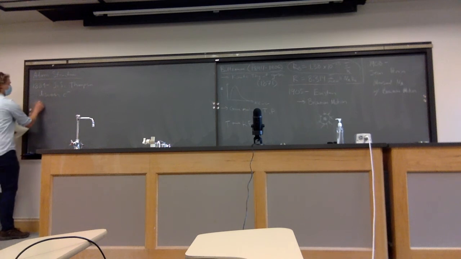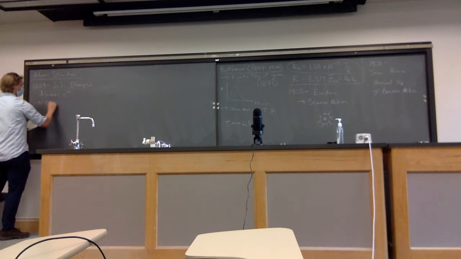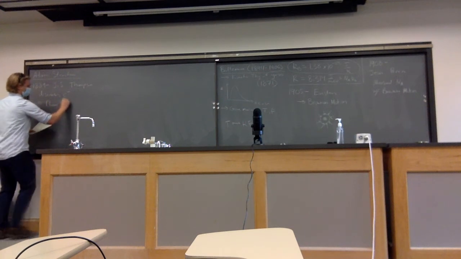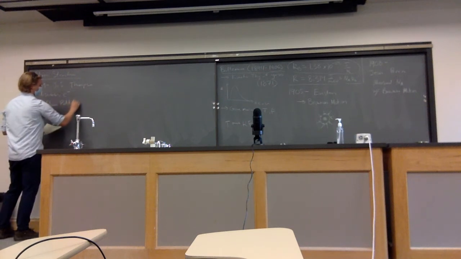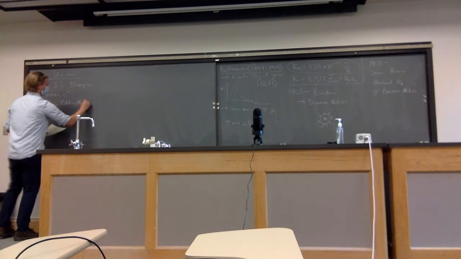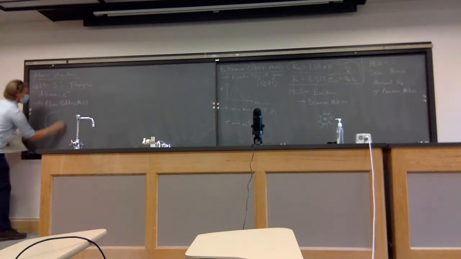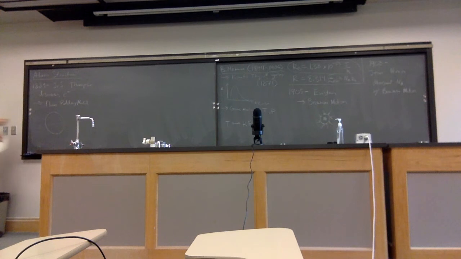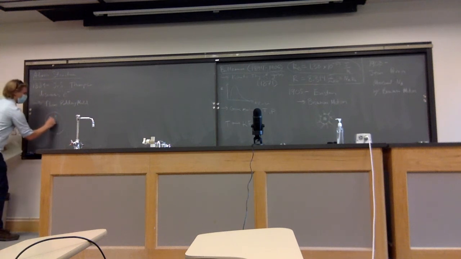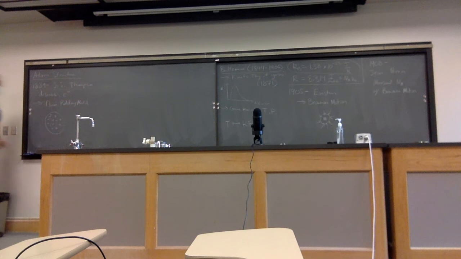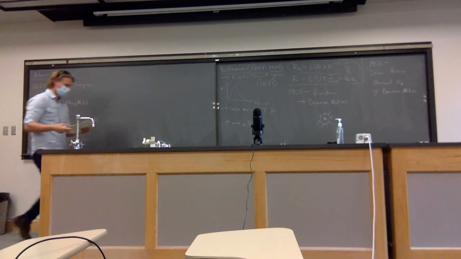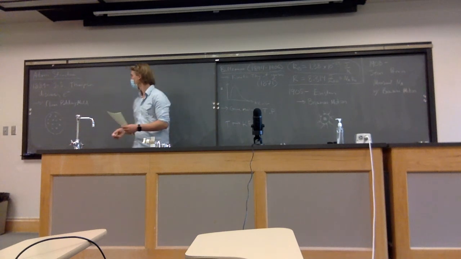And what this established was what we call the plum pudding model, wherein matter was considered to be sort of a goo with positive and negative charges distributed throughout. Again, not really reliant on the concept of an atom.